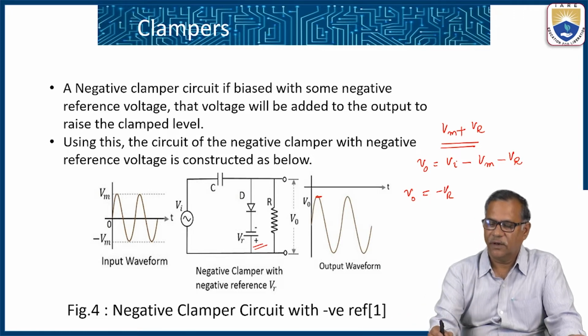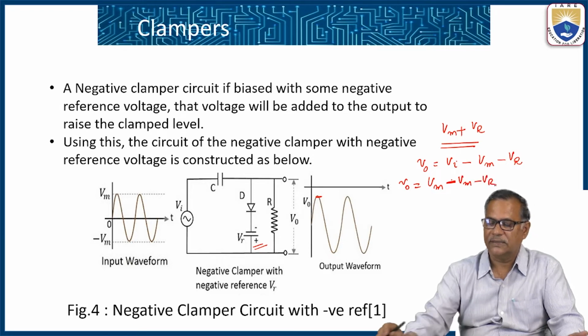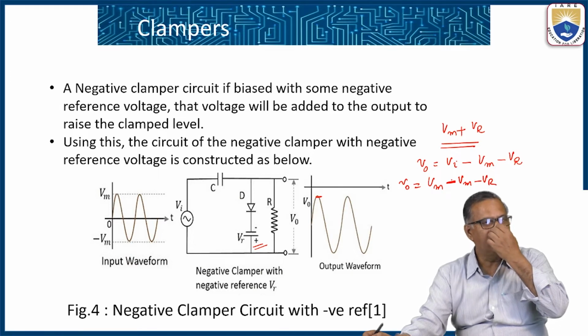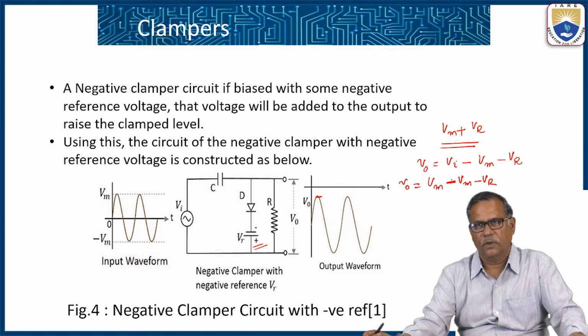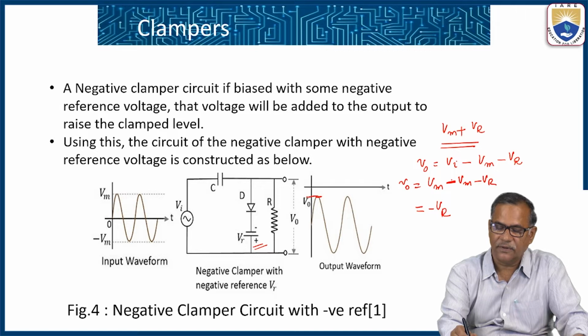So the output voltage V0 is equal to minus Vr, because during the positive peak V0 is equal to Vm minus Vm minus Vr, since Vi is equal to Vm. So the output voltage is Vm minus Vm minus Vr, so it becomes minus Vr. So you get like this. This is minus Vr.